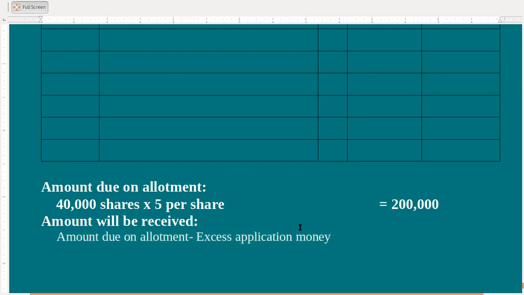Okay, amount due on allotment minus excess application money. So amount due on allotment we already calculated, it is 2 lakh, minus excess application money, that is 32,000. So the balance that we are going to receive from the shareholders is 1,68,000. Now is it clear, all of you?